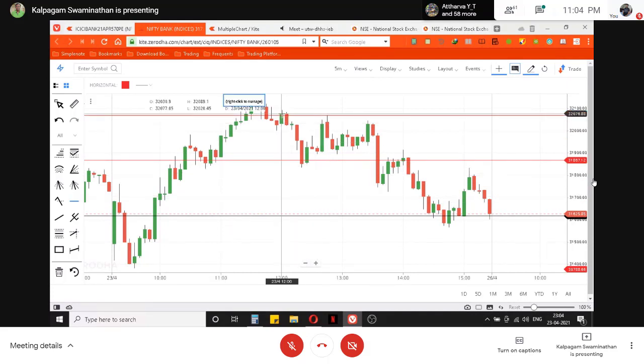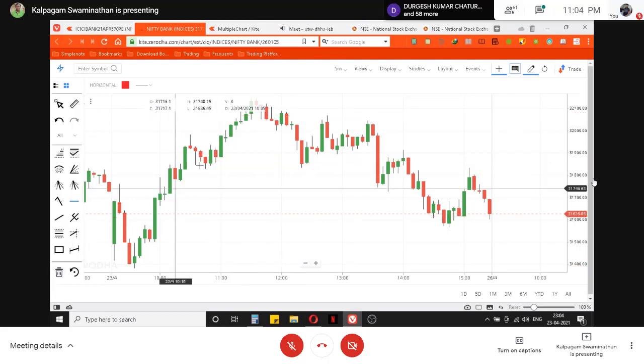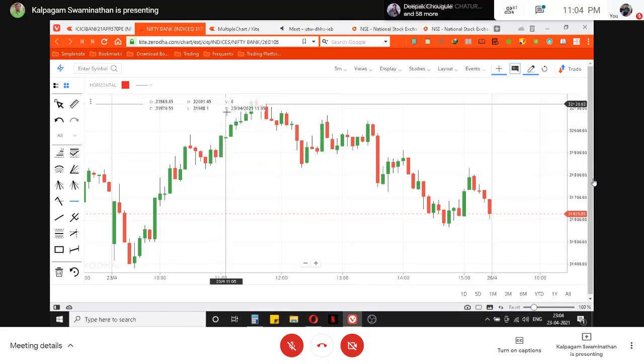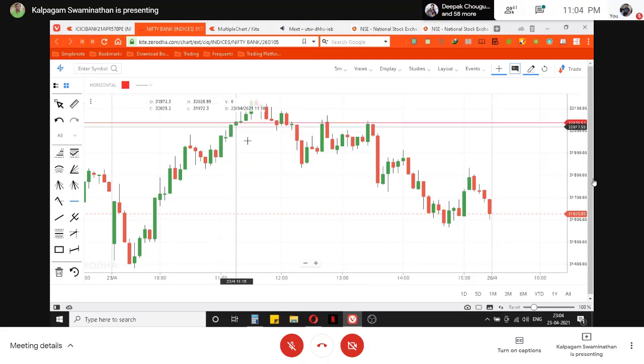At this time, you're looking at the price and you see what your price action is doing at this current level of resistance. Assuming you don't have levels, just mark a random line and say if the price goes below this, I'll buy PE.